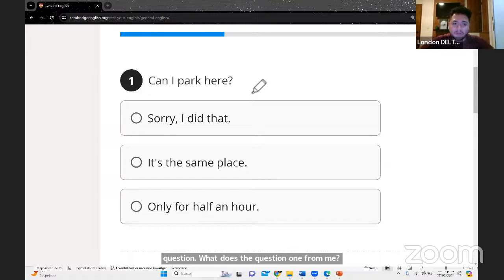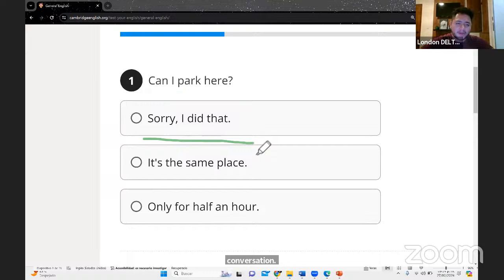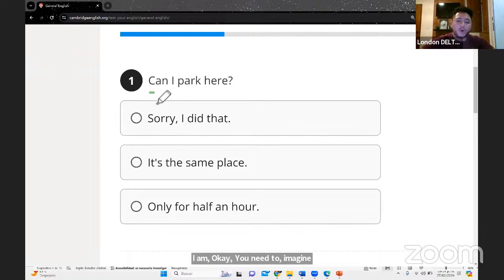Well, first we need to see, this is a question that it's actually to complete a part of the conversation. Alguien pregunta esto, yo contesto esto. Okay, no es como completar una oración. You need to imagine that you're having a conversation with a person and what you will answer. Some of the questions in the exam will be similar. You will have to complete a conversation or you will have to complete a sentence.